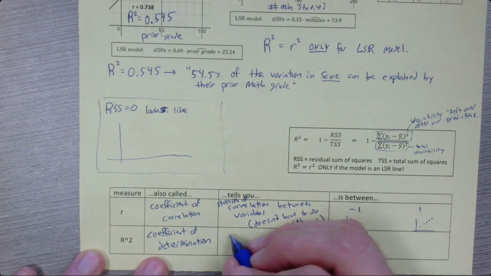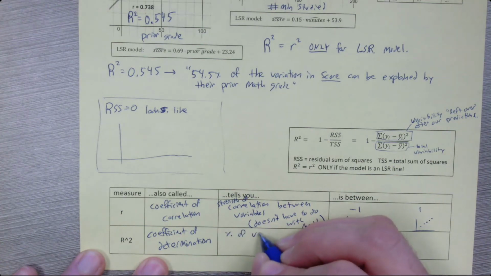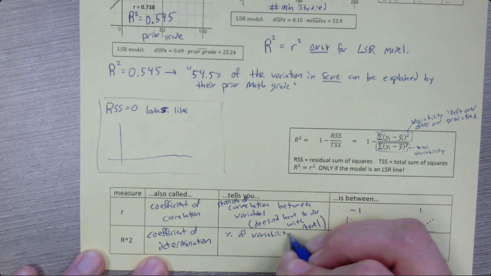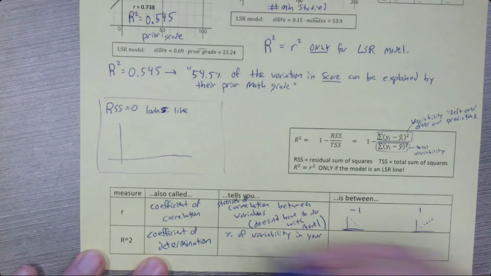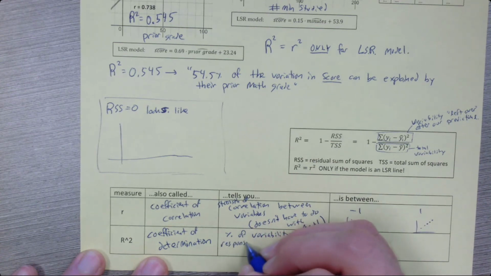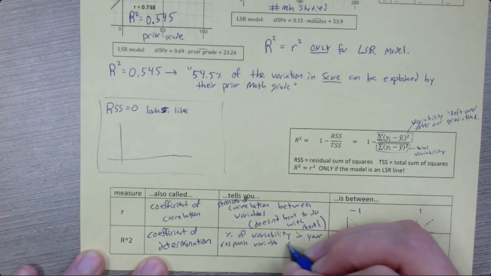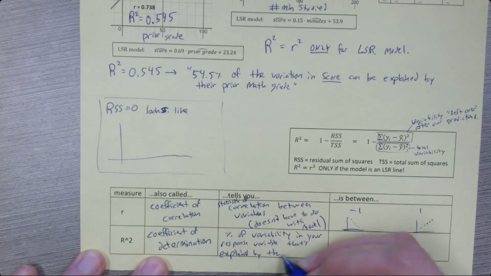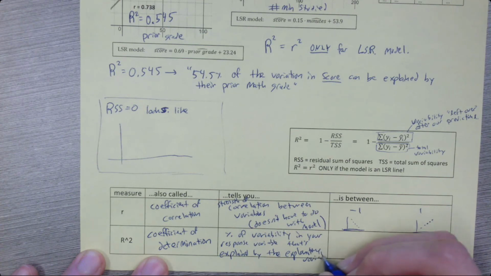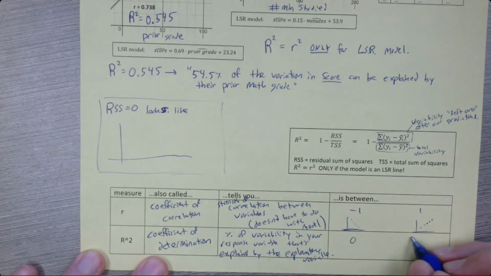And it tells you the percent of variability in your response variable that's explained by the explanatory variable. And it's between 0 and 1 because 0 would mean 0% explained and 1 would mean 100% explained.